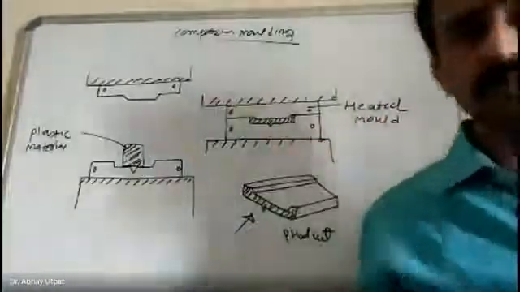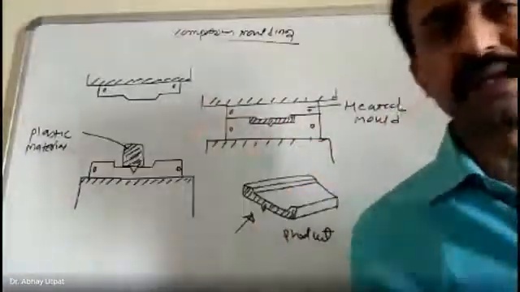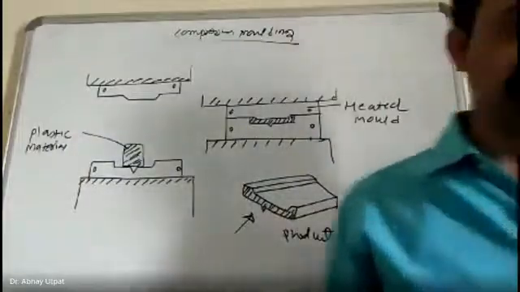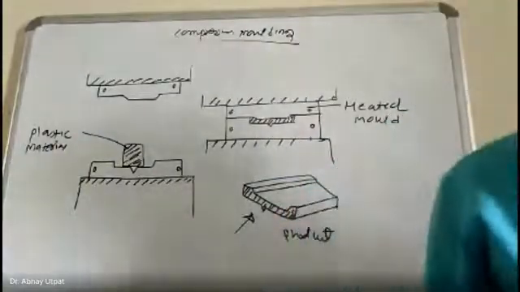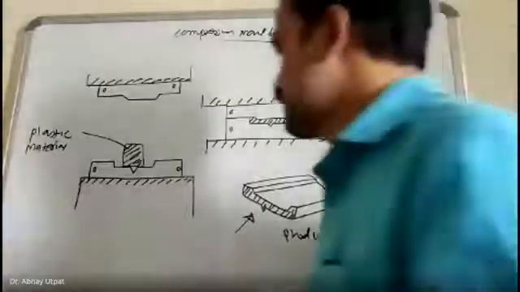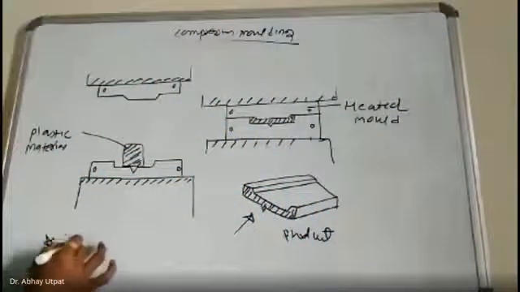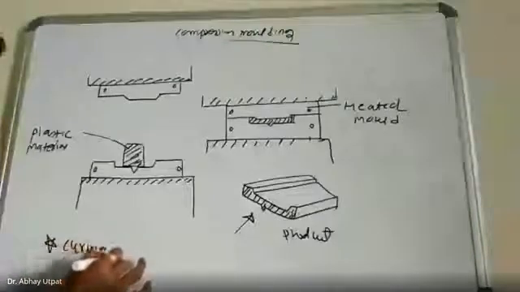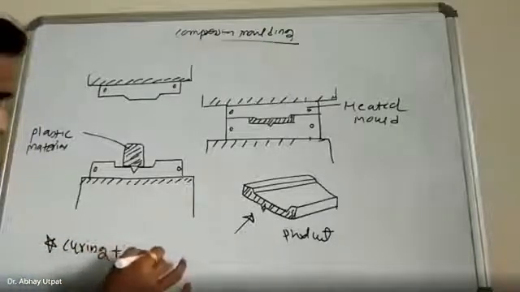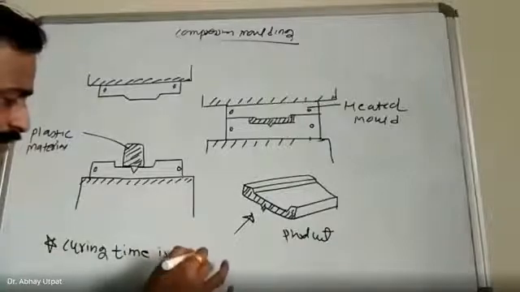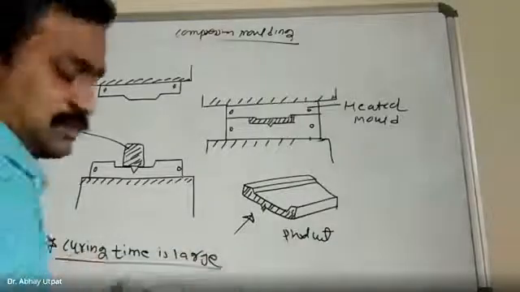Then every process has some disadvantages. Next line, write down disadvantages. Curing time is large. This is one of the important disadvantages.